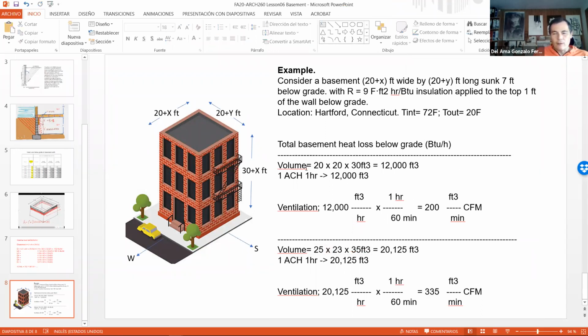So it depends on the volume of the building. We can study the whole building, or we can study one of the rooms, or just a floor. We need to address the volume that we are dealing with.